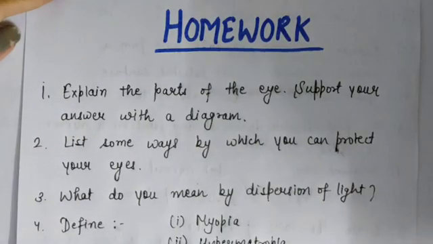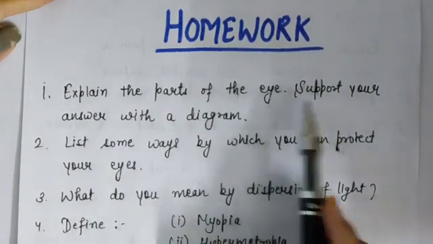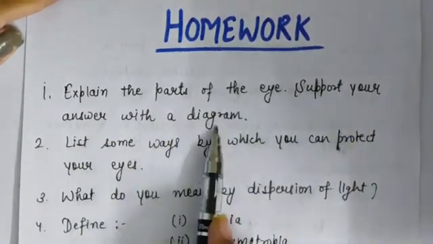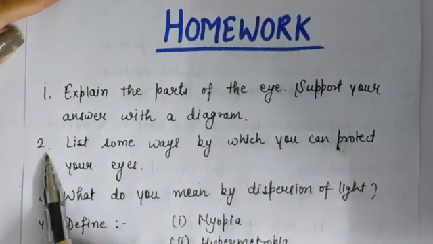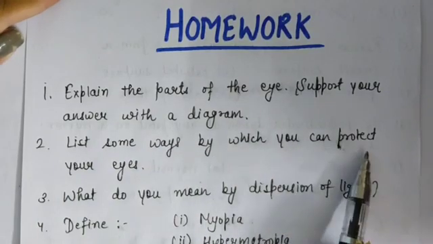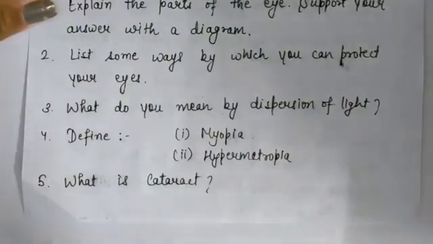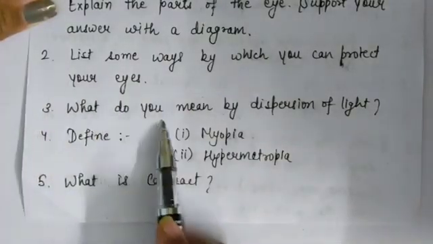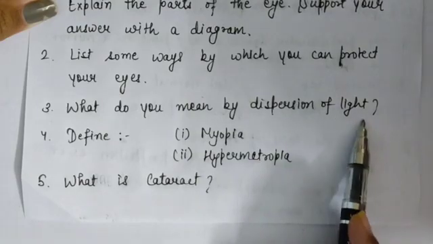This is your today's homework. Question number 1 is explain the parts of the eye and support your answer with a diagram, means draw a labeled diagram of the eye. Second is list some ways by which you can protect your eyes. Question number 3 is what do you mean by dispersion of light?